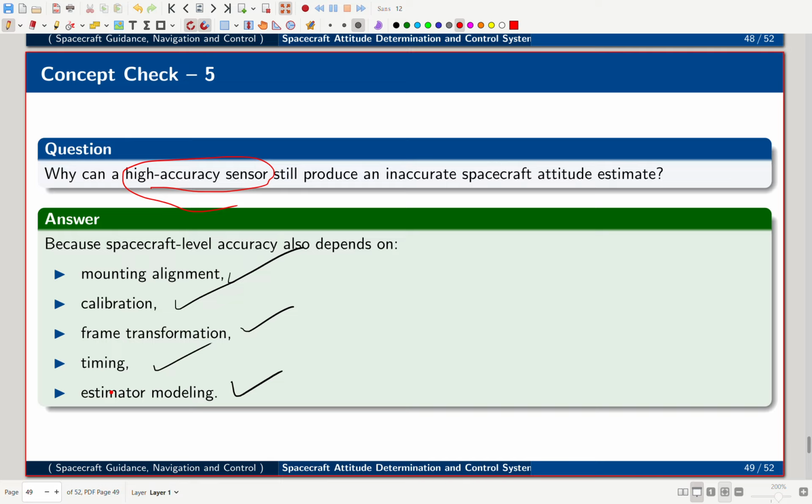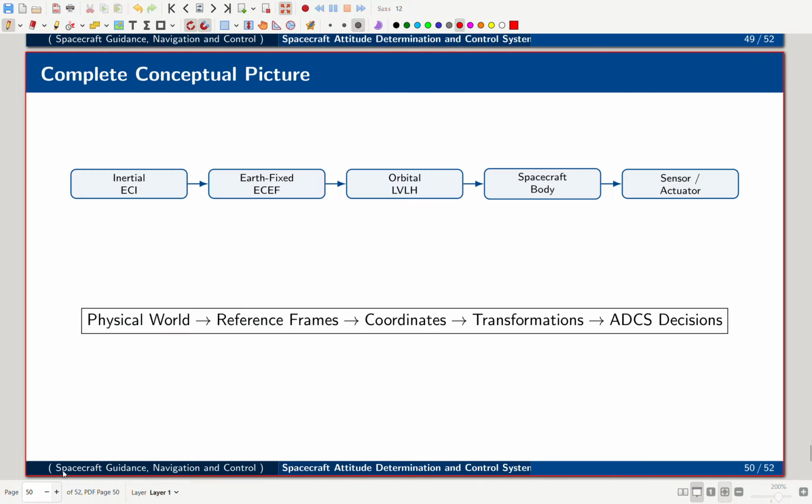So selecting a high accuracy sensor does not ensure that we achieve the attitude correctly, because it also depends on many parameters: mounting, placement, alignment, calibration, frame transformation, timing, and estimator modeling.